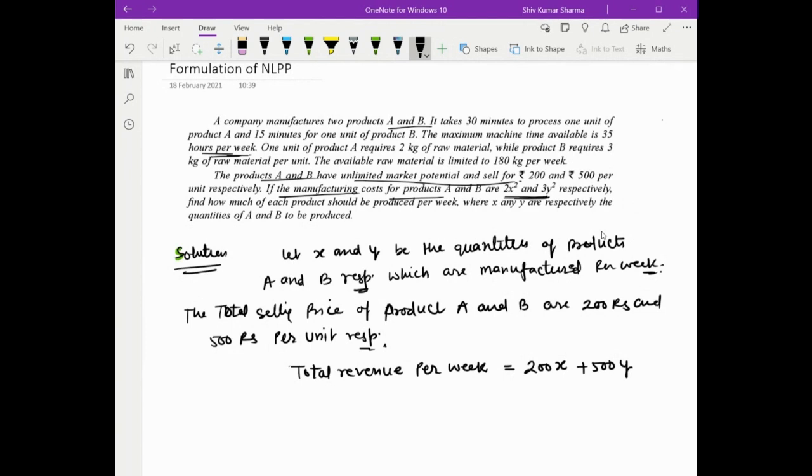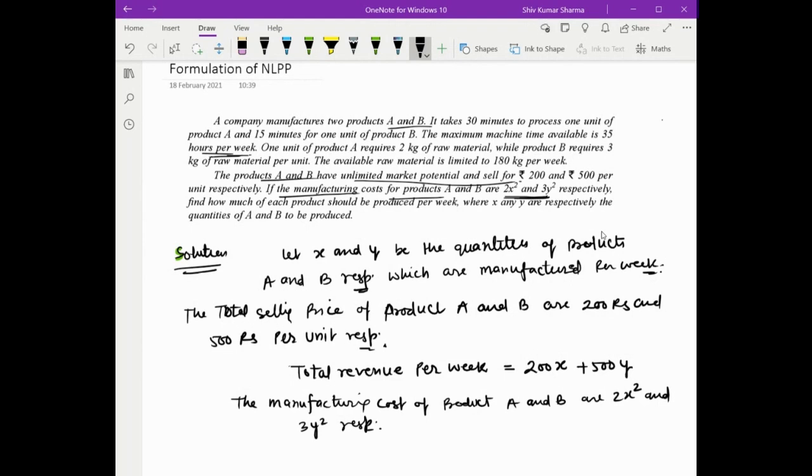So we mention here the manufacturing cost of products A and B per week, which are 2x square and 3y square respectively.